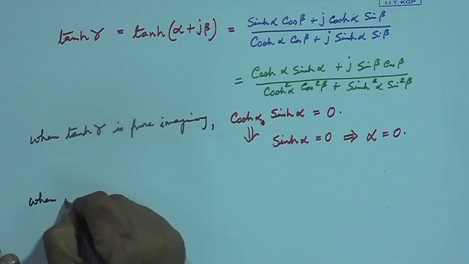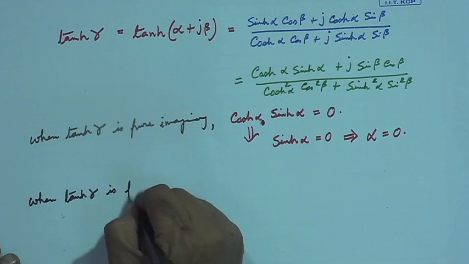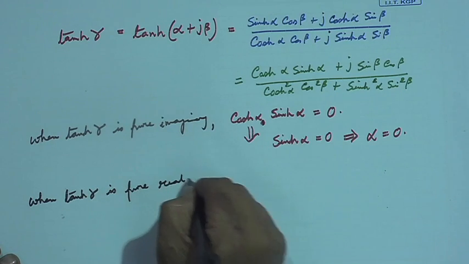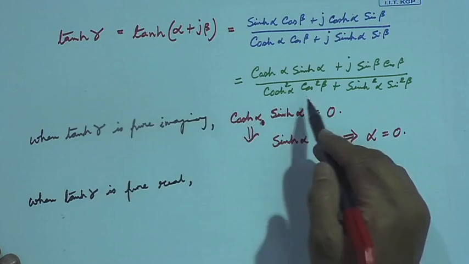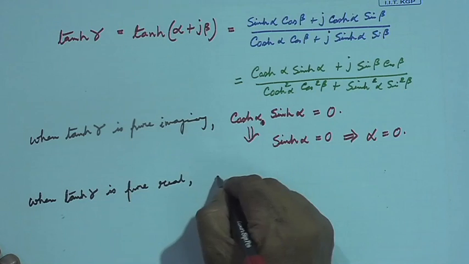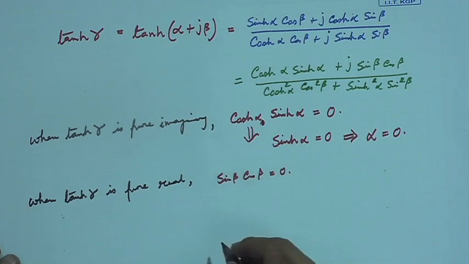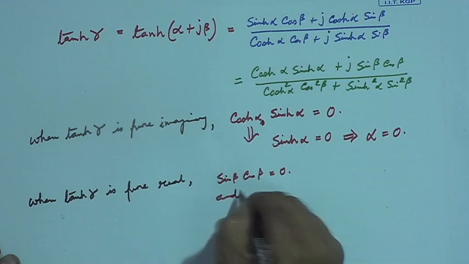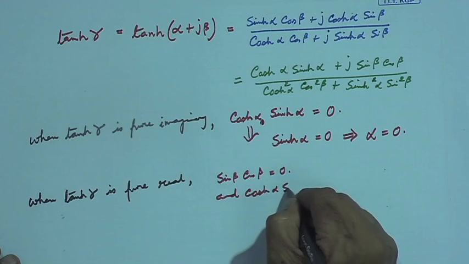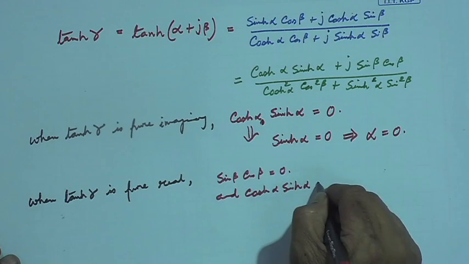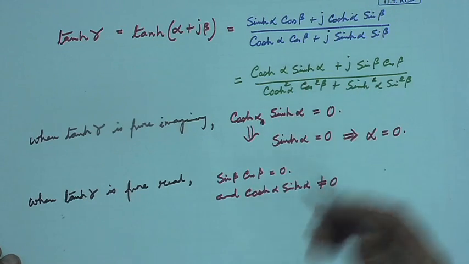When tan hyperbolic gamma is pure real, what do I get? You see, this thing is pure real, that means this part should go to 0. I demand sin beta cos beta should be 0, and also cos hyperbolic alpha sin hyperbolic alpha non-zero, because this also may go to 0, then the whole thing will be 0.